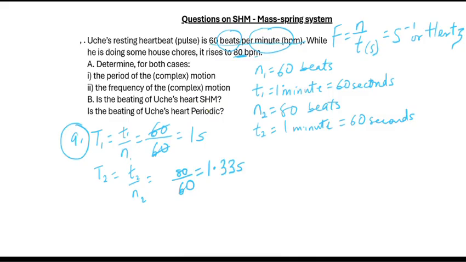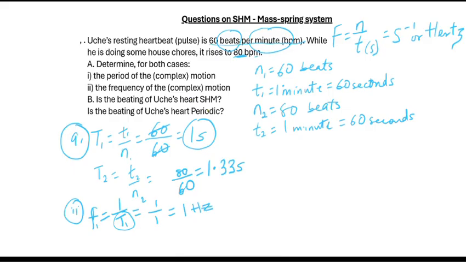Now moving to the second question, they said we should find our frequency, and we know that our frequency is just 1 over period. We can do it for the first one: the first frequency f1 equals 1 over the first period, equals 1 over 1, since our first period is 1, which is 1 hertz.